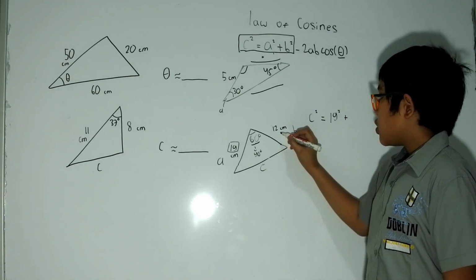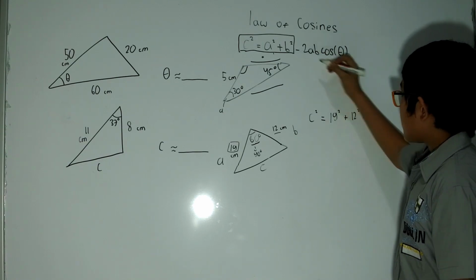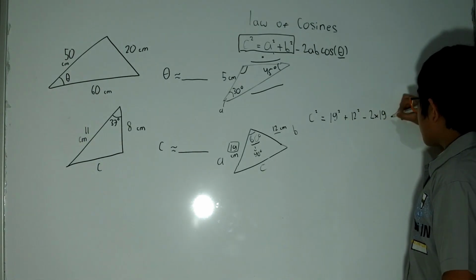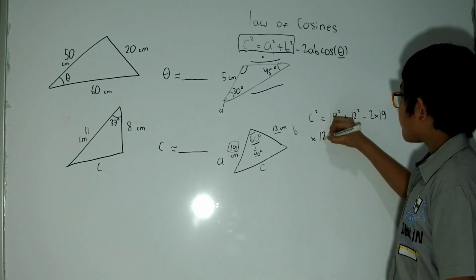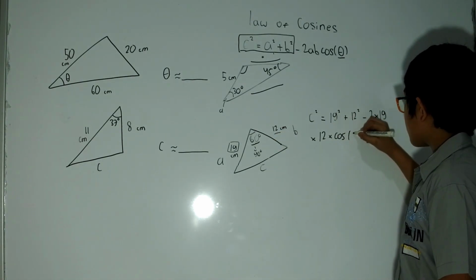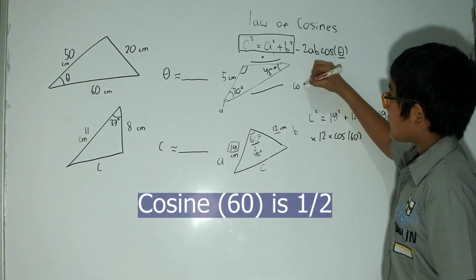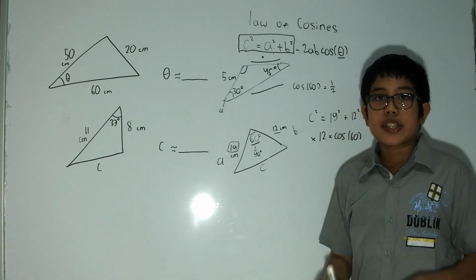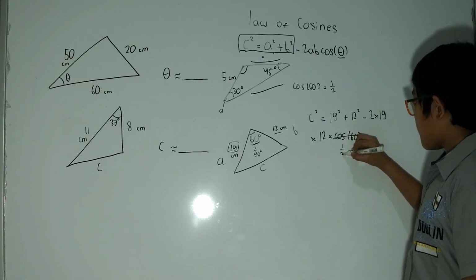B squared is just 12 squared, minus 2 times A, which is 19, times B, which is 12, times cosine of 60. So then, because we know that cosine of 60 is equal to half, we can put it that this is going to be basically half.